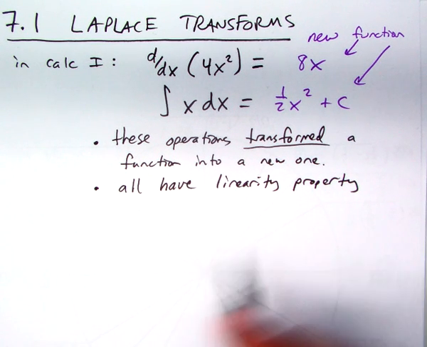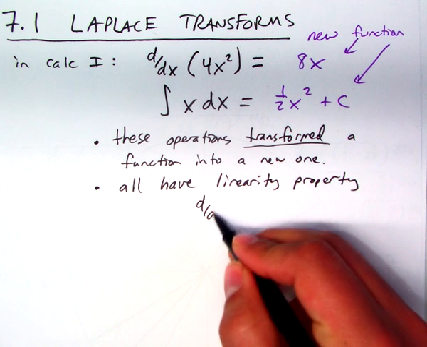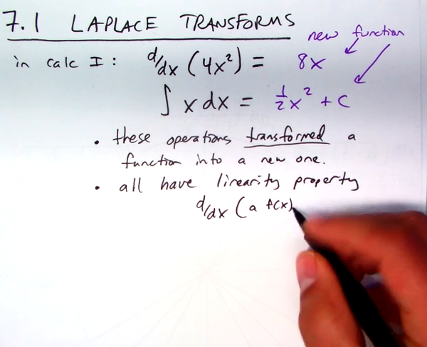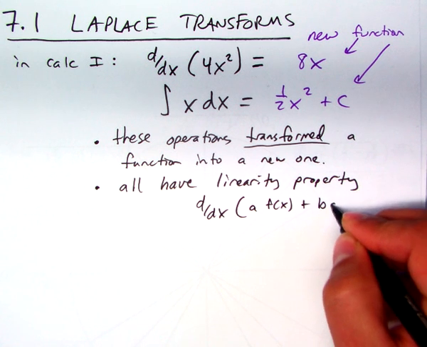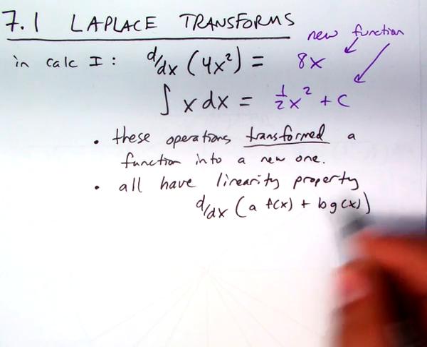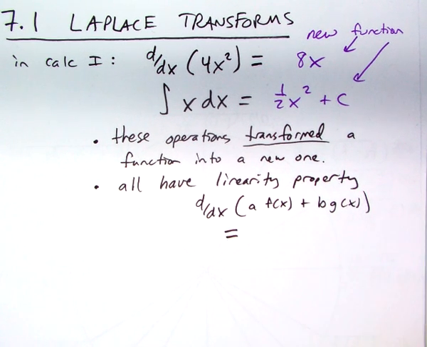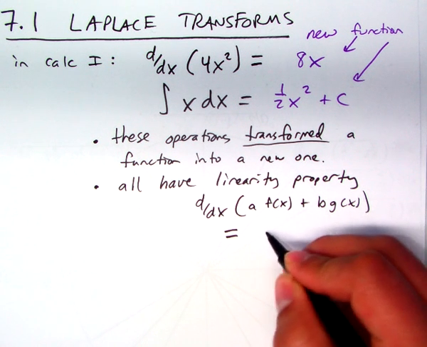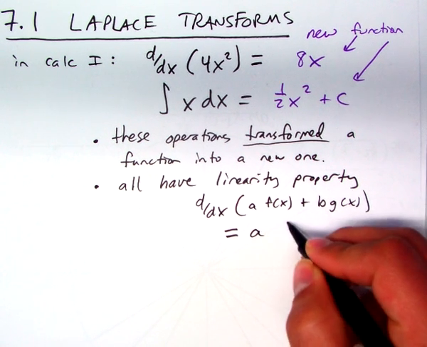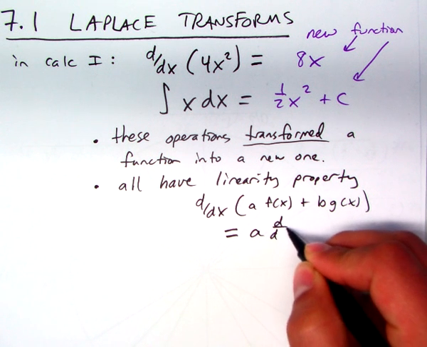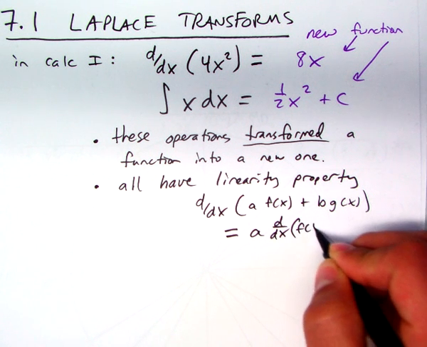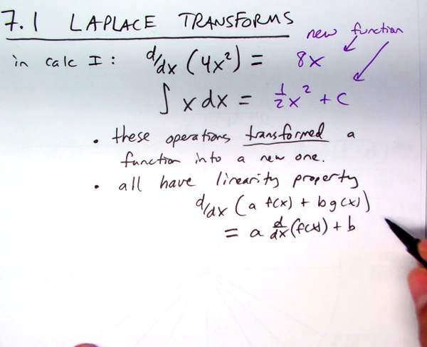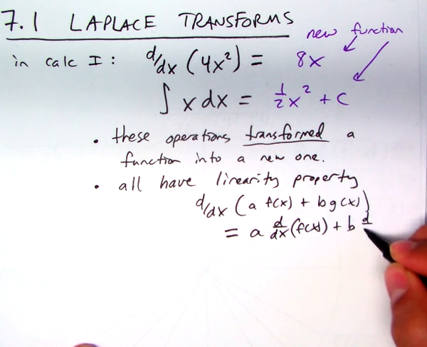Which again means that if you are taking the derivative of some linear combination of functions, you would just apply the derivative to each function and distribute. So here you would get a times the derivative of f plus b times the derivative of g.